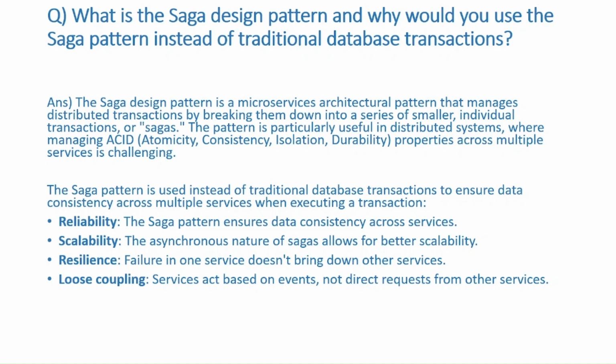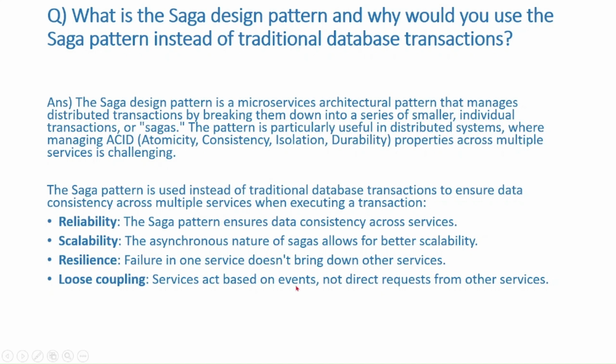Scalability: if you want to add another microservice, the asynchronous nature of Sagas allows for better scalability. Resilience: failure in one service doesn't bring down other services. That means if any of these services fails, the entire application won't go down. Only a partial transaction will fail.